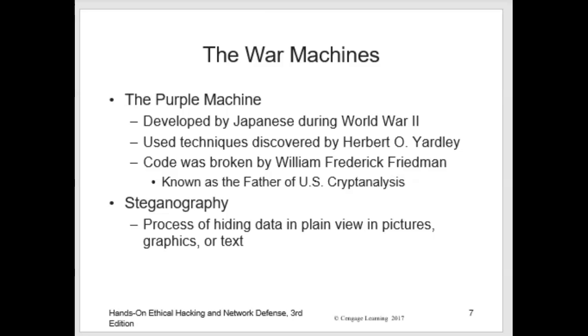In the previous, we've talked about those that use encryption. One that doesn't use encryption is called steganography. This is a way of hiding data in plain view, like in a picture or a graph or a text. So we have cryptography, which is the hiding of information from others, and that uses encryption. And then we have methods that don't use encryption, like steganography.